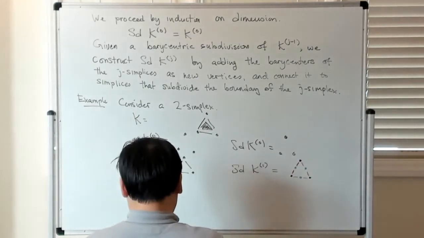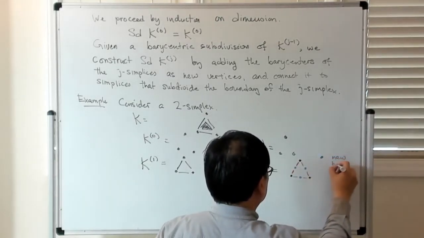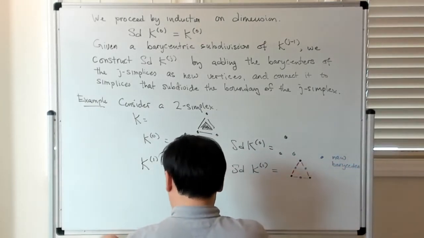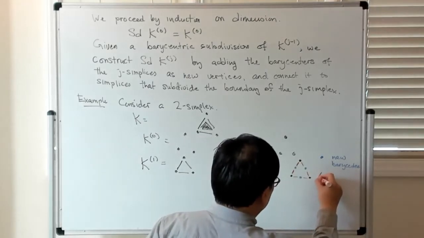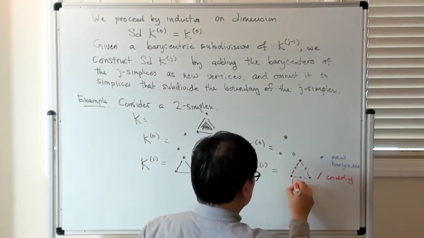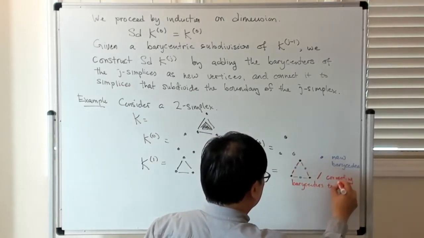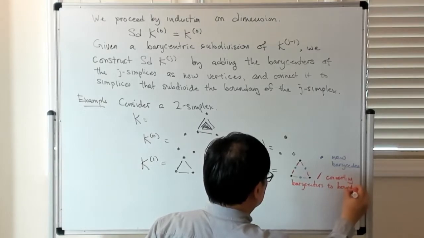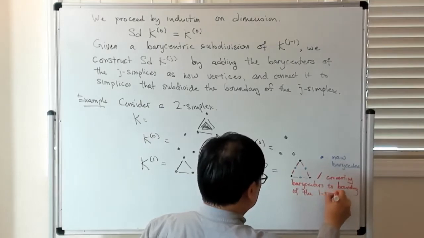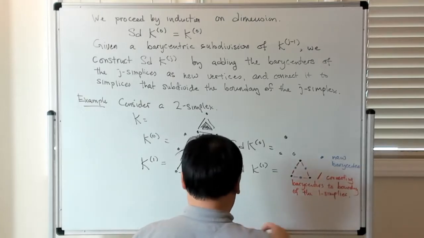These are the new barycenters, and this is obtained by connecting the barycenter to the boundary of the one simplices. So I said new barycenters associated with one simplices, right?